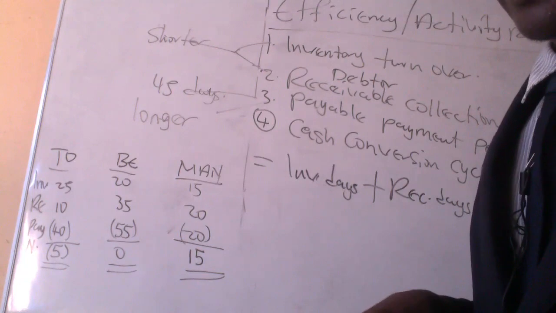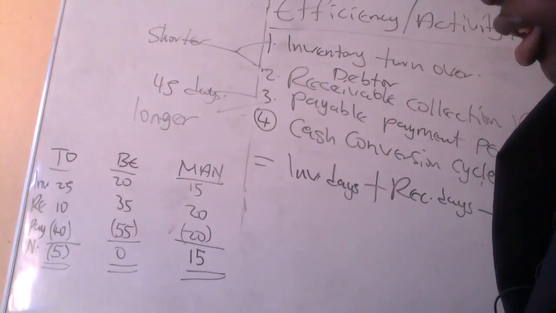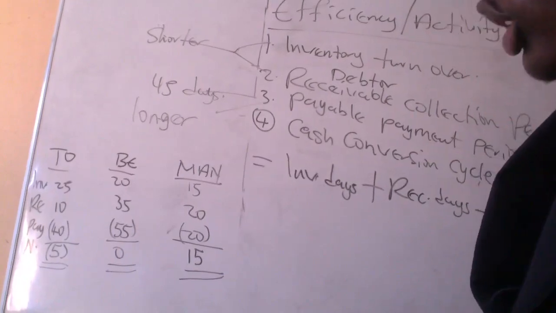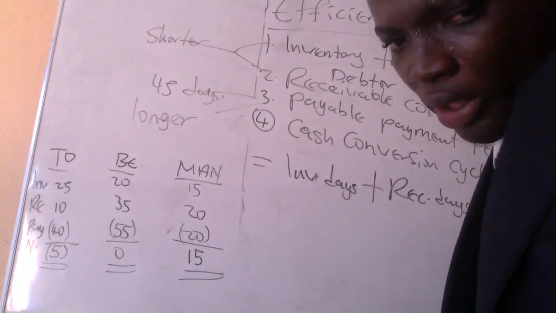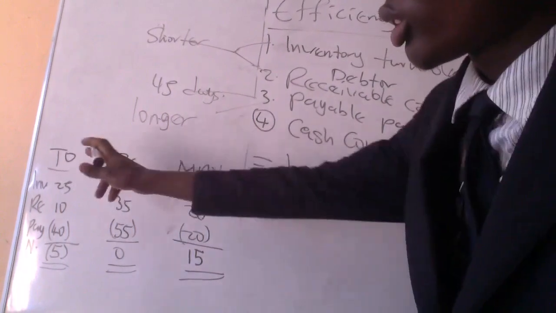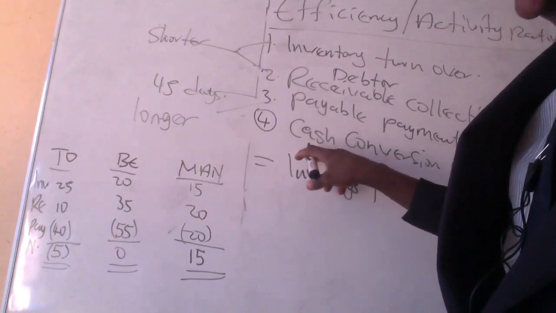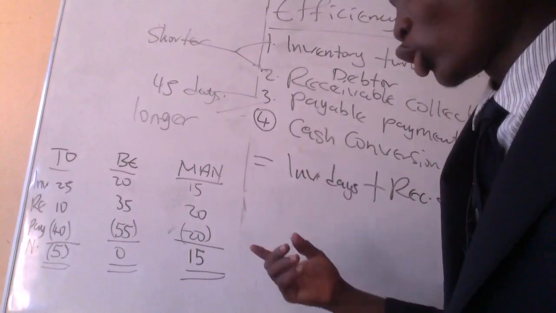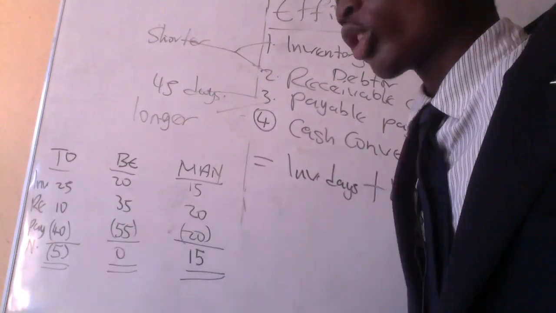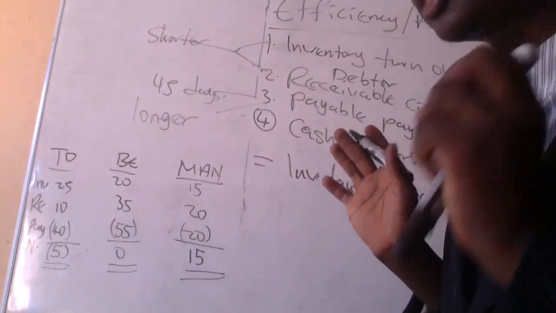Thank you if you have done that. Now, in fact, 2 is doing well, followed by B, and Man is the worst performing here. Why? Because we said that with the net, the shorter the days, the better it is. So -5, 0, 15, which of them is the shortest? So this guy. That's the first way to determine it.